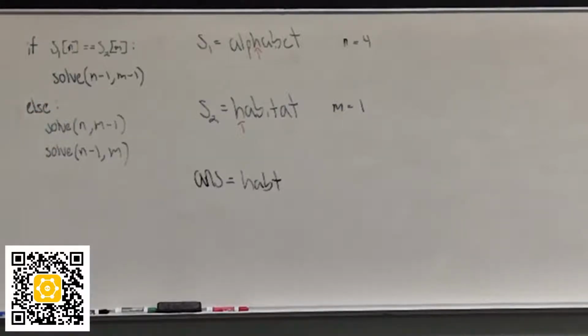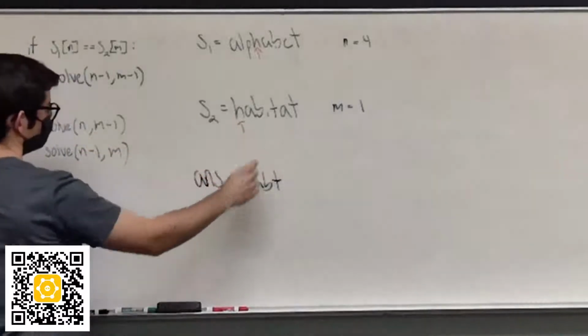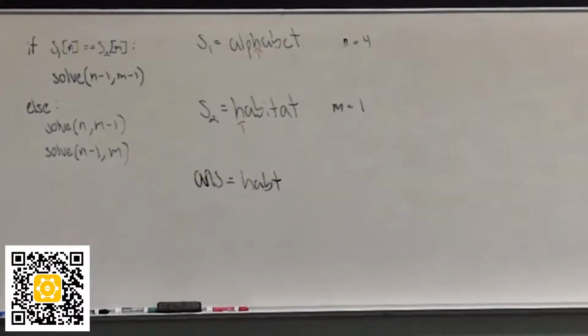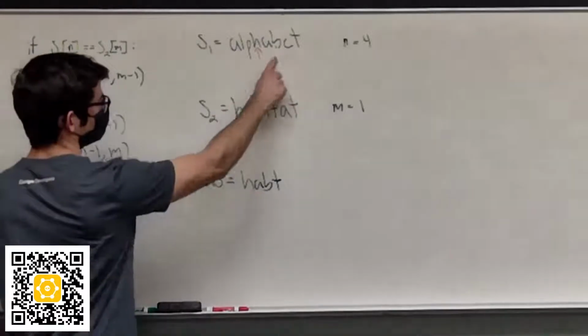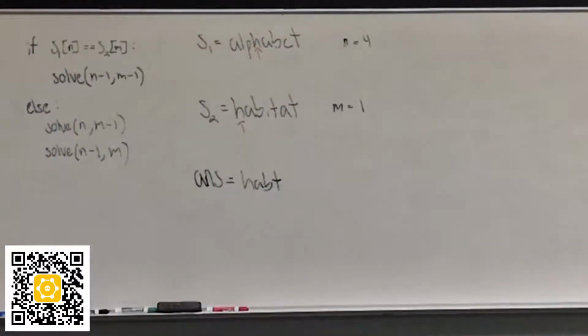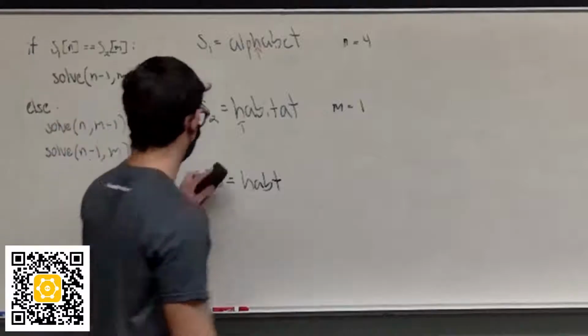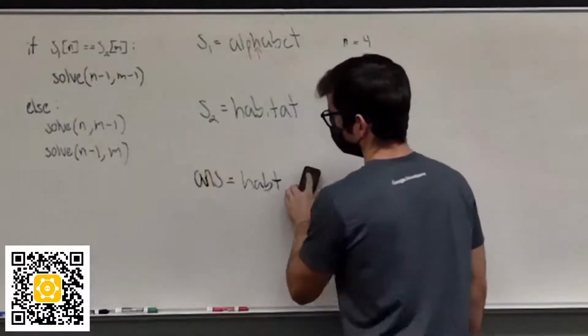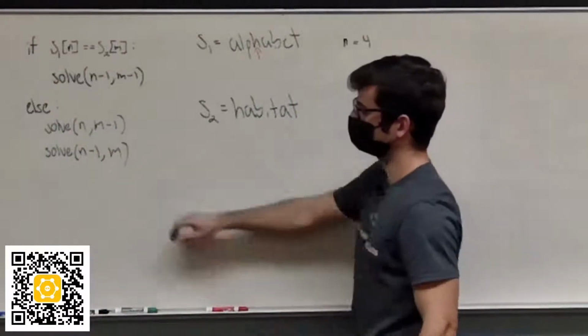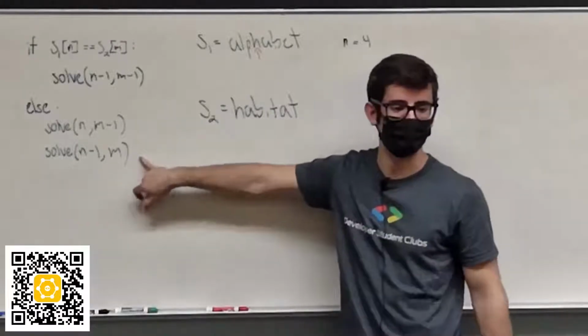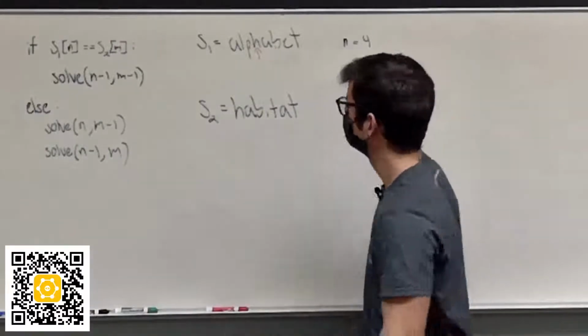Else, if they don't match, let's try solving it when we move m down just by 1, or let's try solving it if we move n down just by 1. And of course, here we want to take the maximum answer that it gives us.